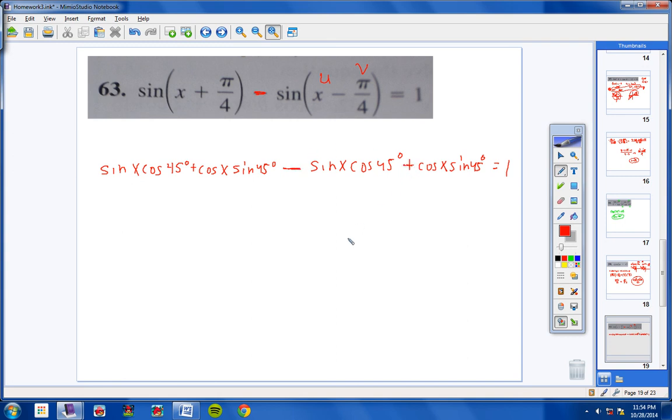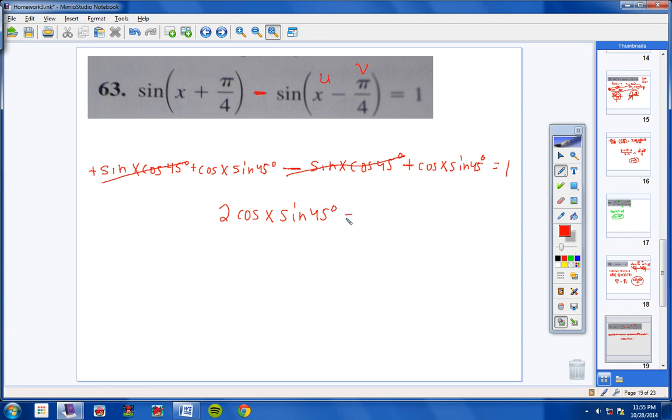Now look what you have: a positive sine x cosine of 45, and a negative sine x cosine of 45. They're going to cancel out. Now I have a positive cosine x sine 45 and a positive cosine x sine 45, so that's 2 cosine x sine 45 equals 1.